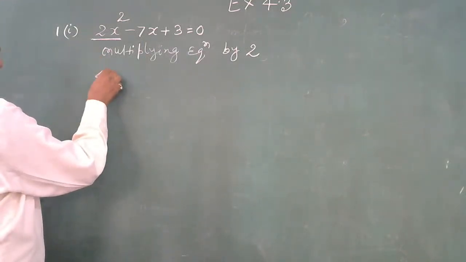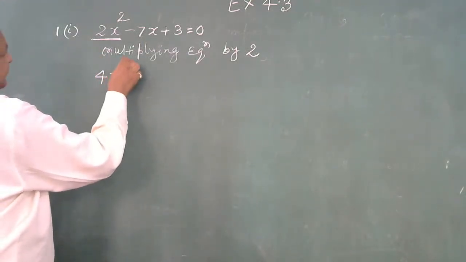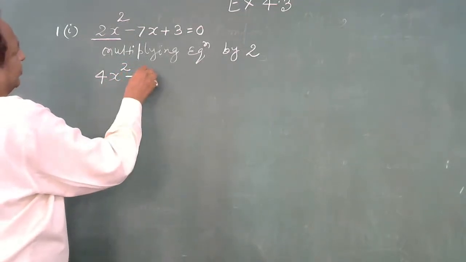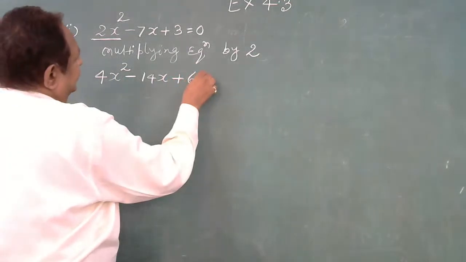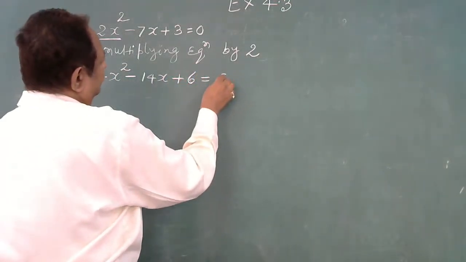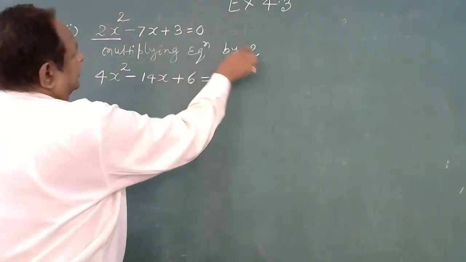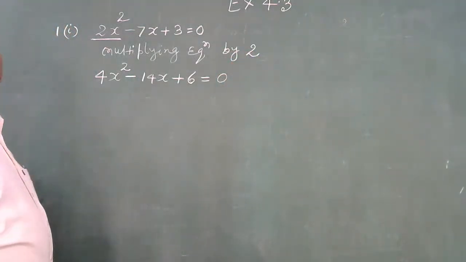So 2 into 2 is 4x square minus 14x plus 6 is equal to 2 multiplied by 0, that is 0.